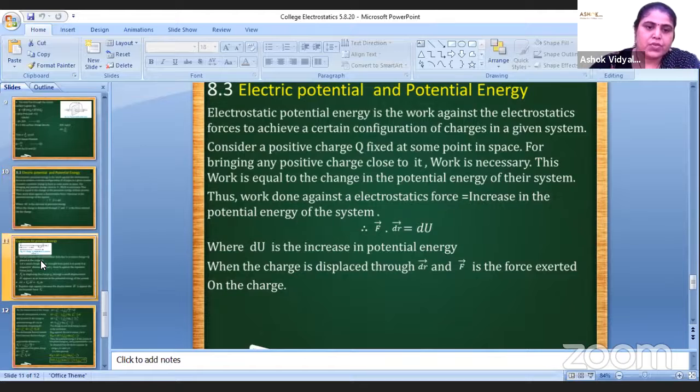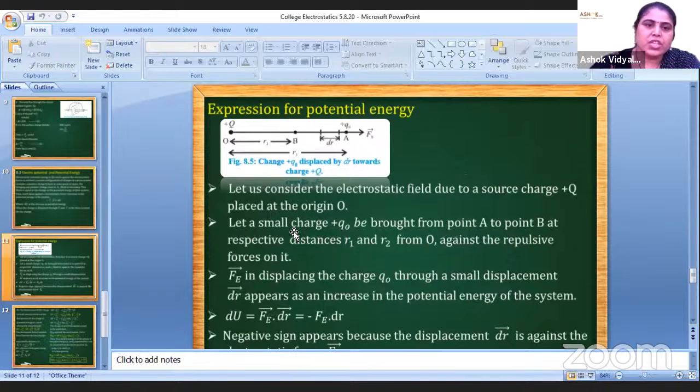Now the next very important concept, related to potential energy and electrostatic potential, is the expression for the potential energy. Now see in the diagram, this is the positive Q charge, and because of this charge there is an electric field intensity in the surrounding space. Suppose A is another charge at a distance r1 from this positive charge.